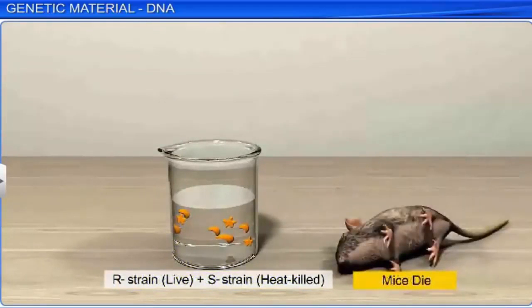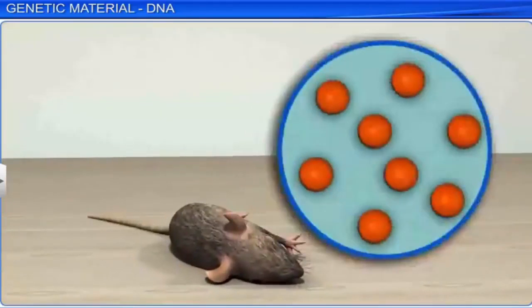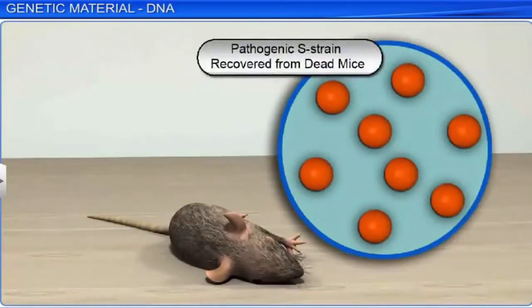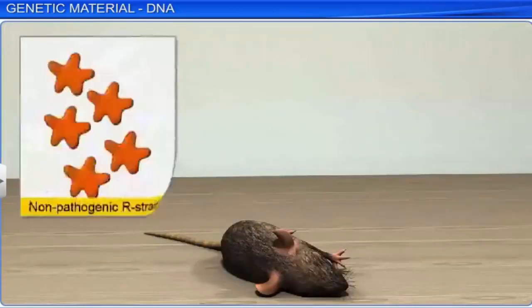Thereafter, when the bacteria were isolated from dead mice, they were found to be of the living S-strain type. This proved that the R-strain bacteria had transformed to the living S-strain.